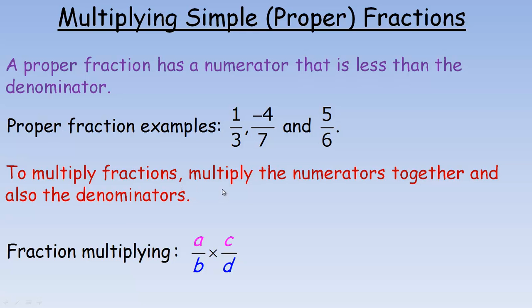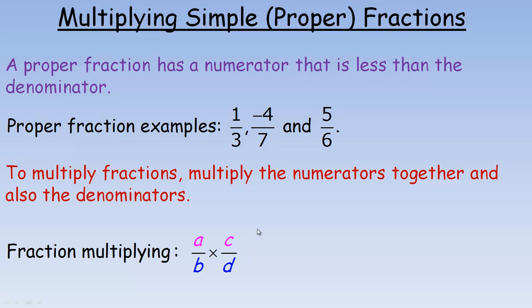Now, to multiply fractions, and I'm going to do another video that deals with when they're mixed or improper, you multiply the numerators together, and then you also multiply the denominators together. So let's call the fractions, and we'll get into some specific examples with numbers on the next page, a over b and c over d.